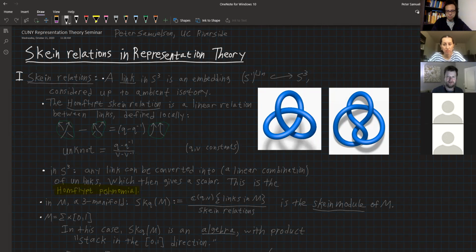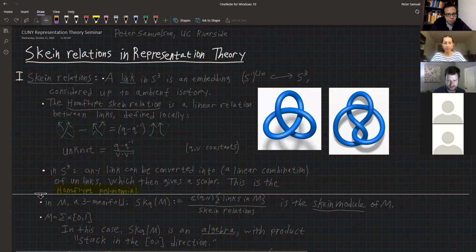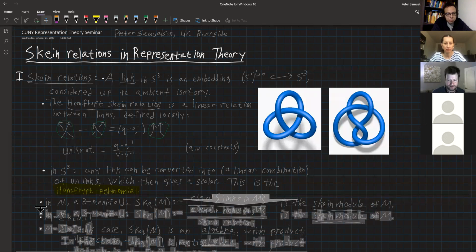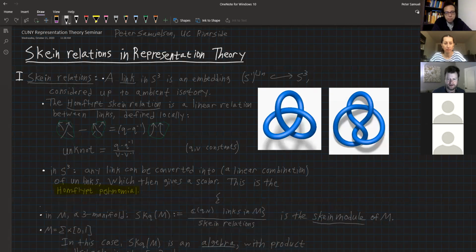And maybe I should write here. So it's really a theorem that this is well defined, because to reduce a link to this polynomial, you make a lot of choices. So I forgot to write this statement here, so maybe I'll write it now.